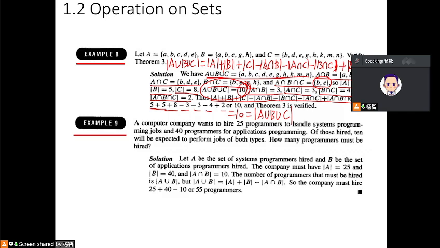A computer company wants to hire 25 programmers to handle system programming jobs and 14 programmers for application programming. Of this group, 10 will be expected to perform jobs of both types. And we have a question: how many programmers must be hired?